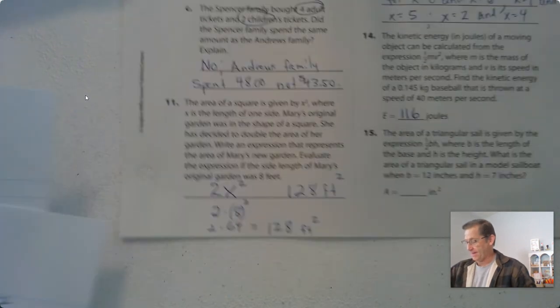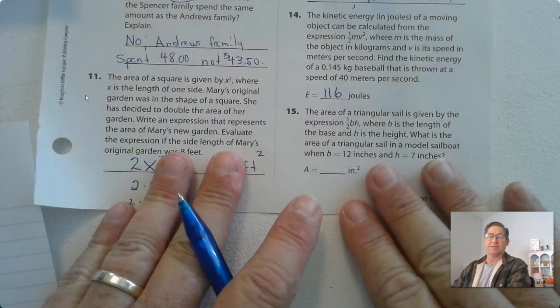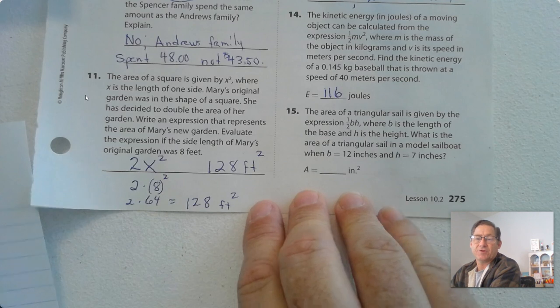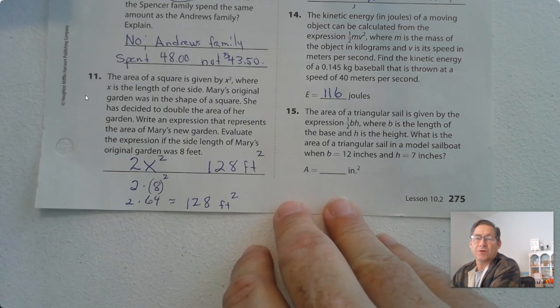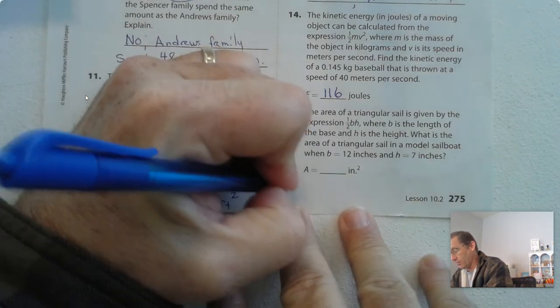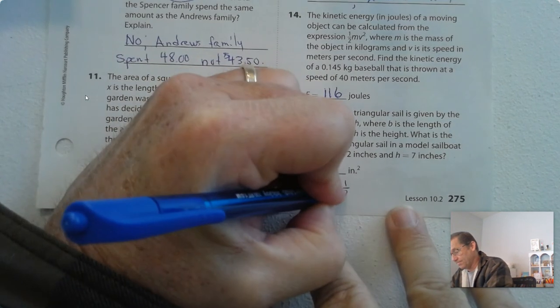All right, number 15. The area of a triangular cell is given by the expression a half of the base times the height, where b is the length of the base and h is the height. What is the area of a triangular cell in a model cell when b equals 12 and h equals 7? So start with the equation. Substitute.